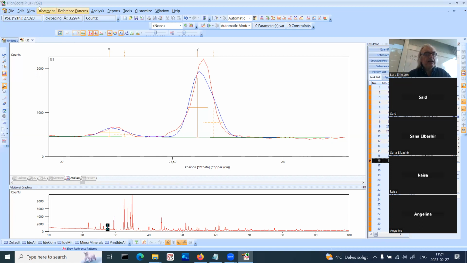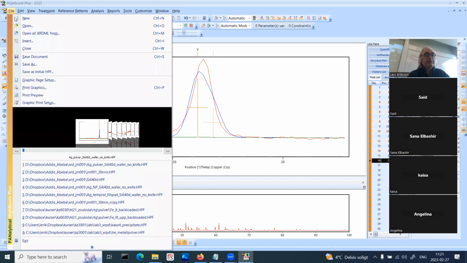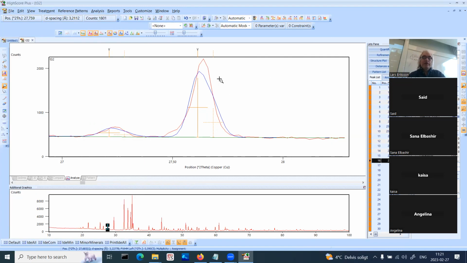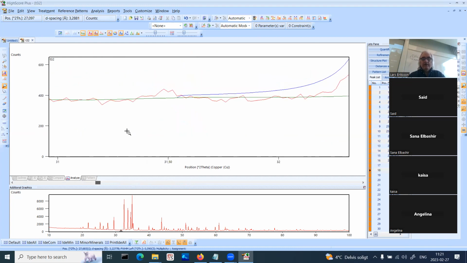In principle, that should be possible to edit, but one could perhaps save it as an XRDML, edit that file, and then reread that file. It starts to become a little bit clumsy.